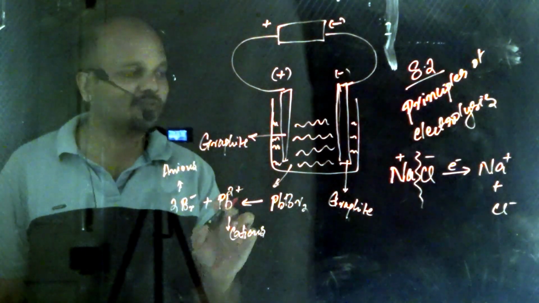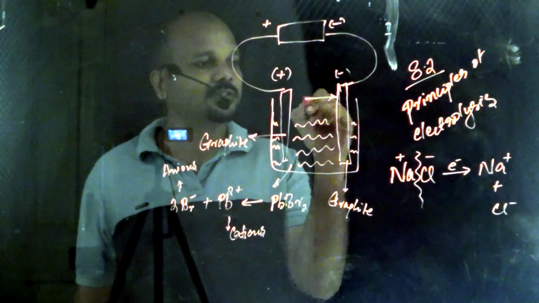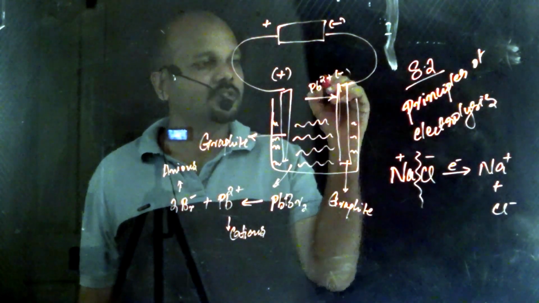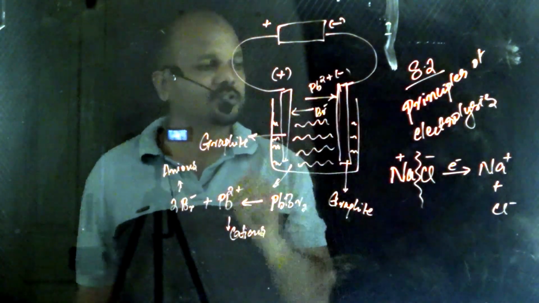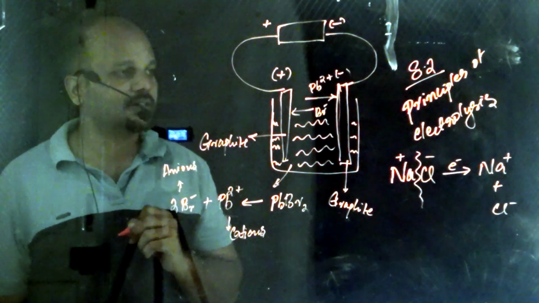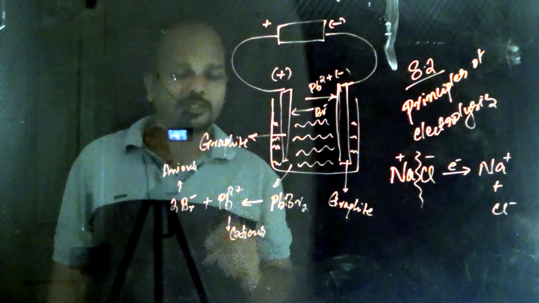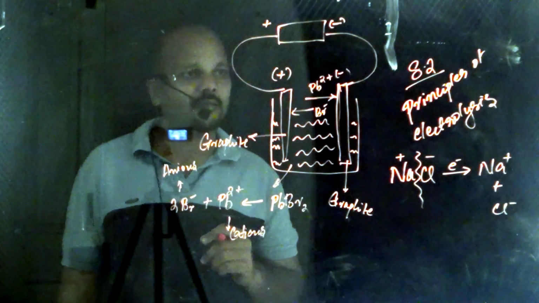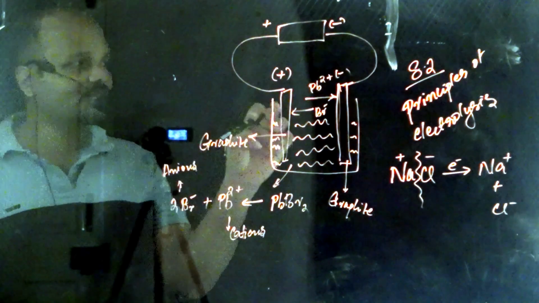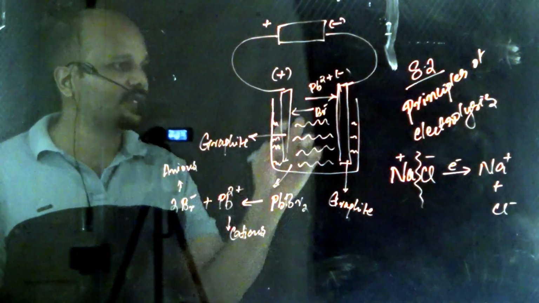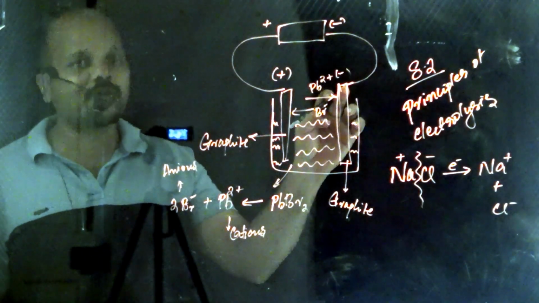Opposite charges get attracted, so the cations move to the negative terminal. Pb2 plus moves to this terminal, and Br minus moves to the positive terminal.